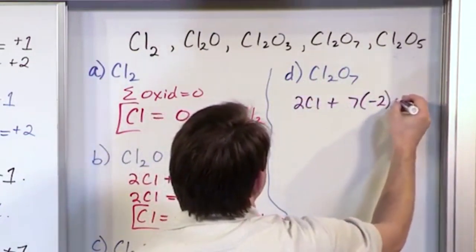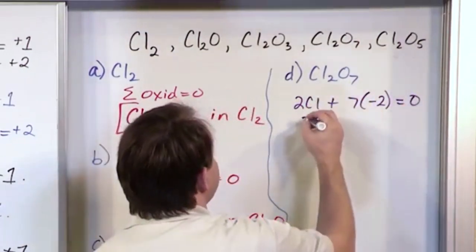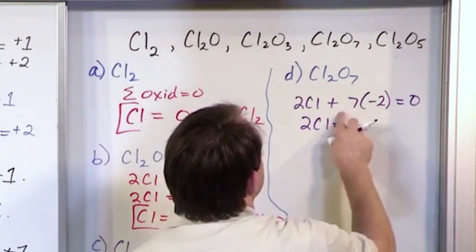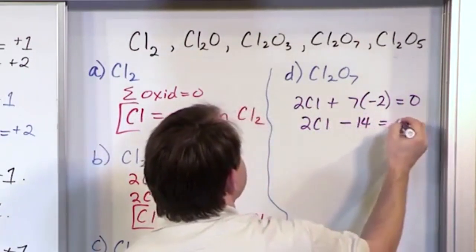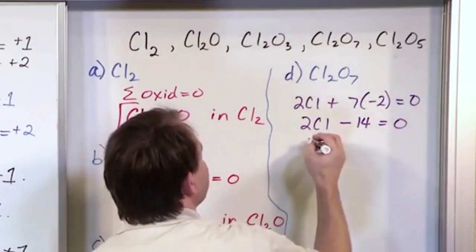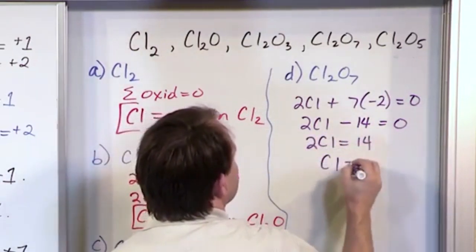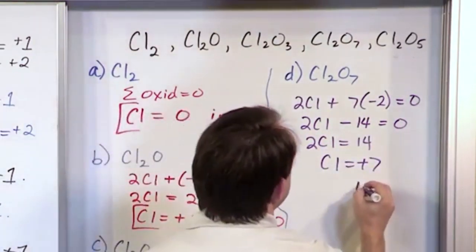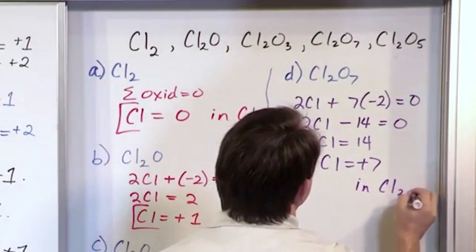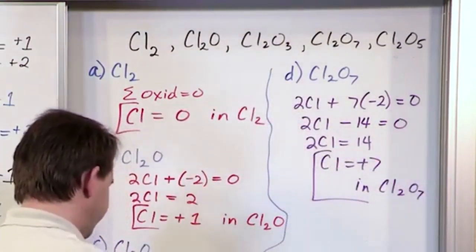Each one is -2 because that's how our list is working, and they all have to sum to 0. So here we have 2 chlorines. Let's just make sure everyone understands this is -14. Now we move the 14 over, and we divide by 2. So now we have an oxidation number of +7 in Cl2O7.